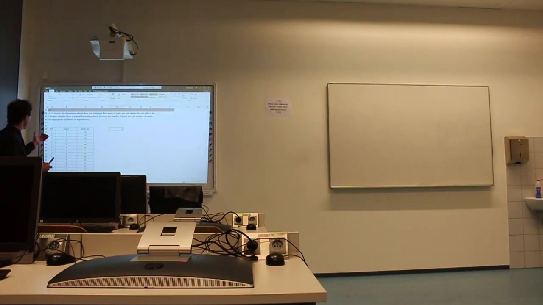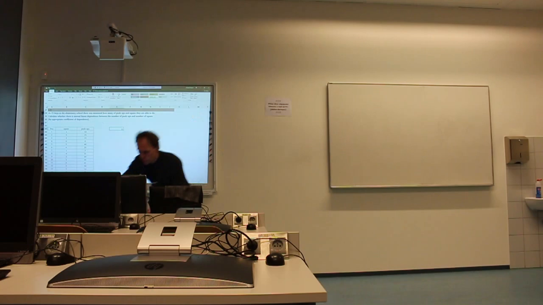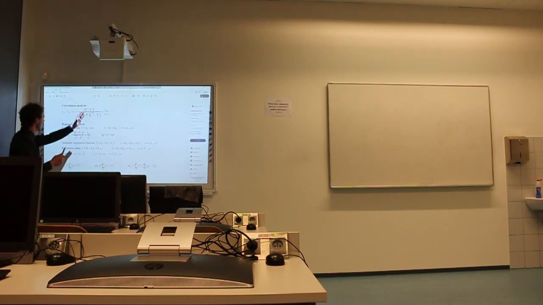We have here these values. Maybe I will write these values on the whiteboard. So, we will check formulas. Correlation analysis. Variable x and variable y.